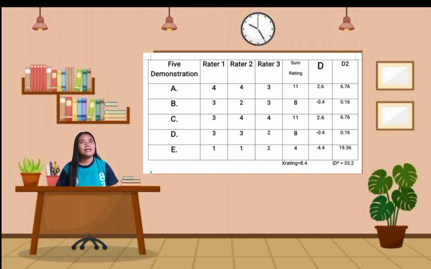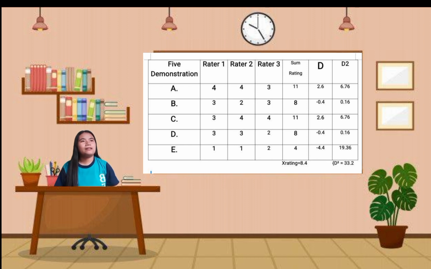So, dito naman sa D or sa difference, kailangan nating ipag-minus yung 11 minus 8.4 equals 2.6. 8 minus 8.4 is equals negative 0.4. 11 minus 8.4 is equals 2.6. 8 minus 8.4 is equals negative 0.4 and 4 minus 8.4 is equals to negative 4.4.